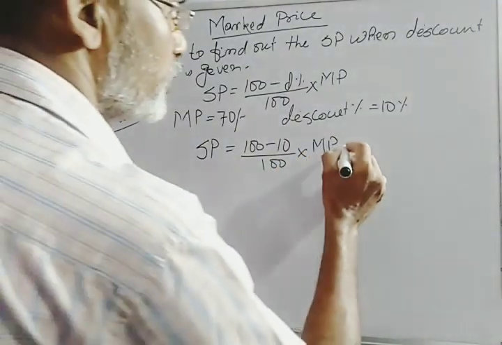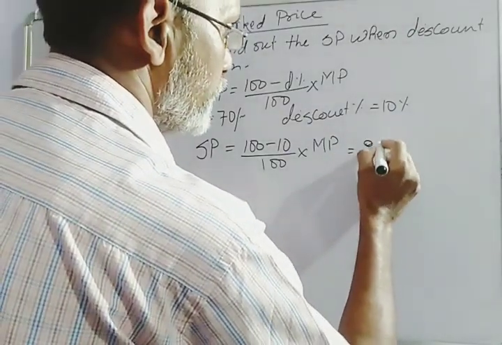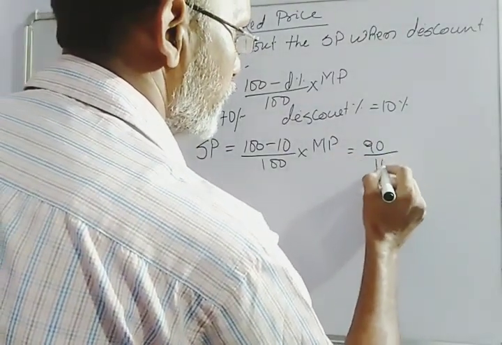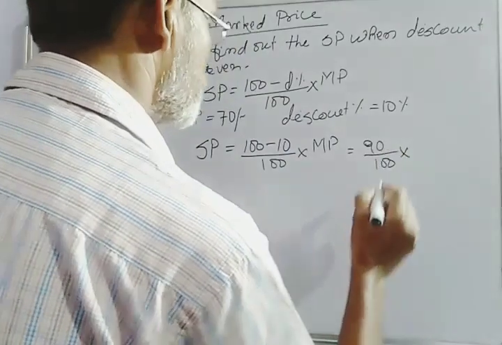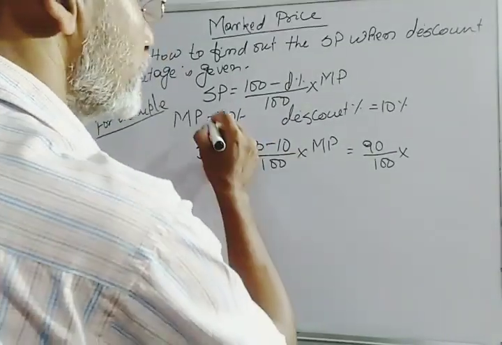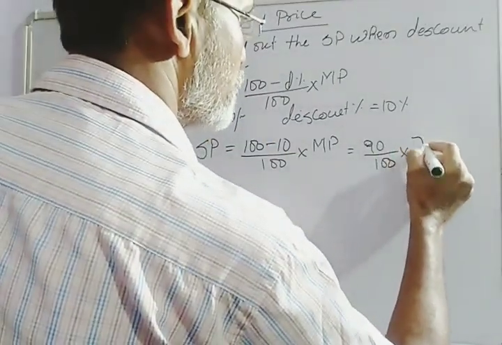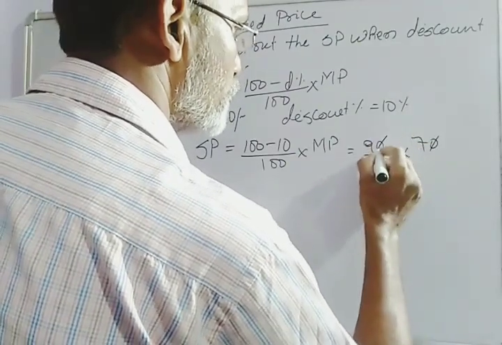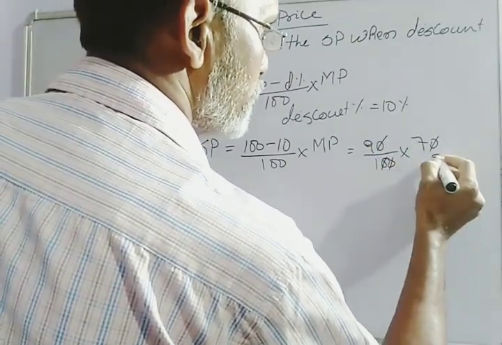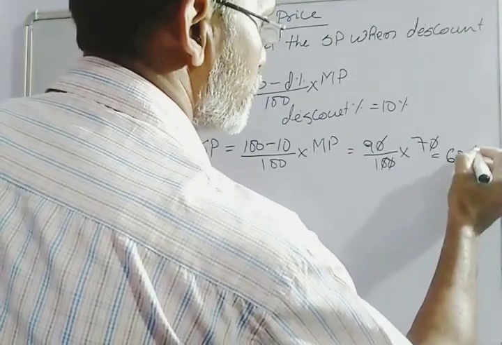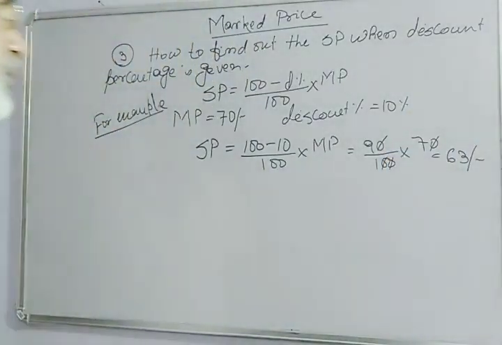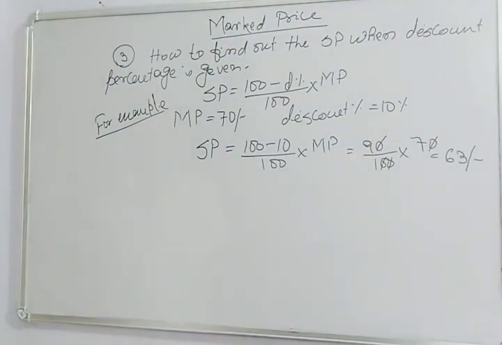So this is equal to 90 by 100 into MP. What is MP? MP is equal to 70 rupees. So this is equal to 63 rupees. This is the selling price.